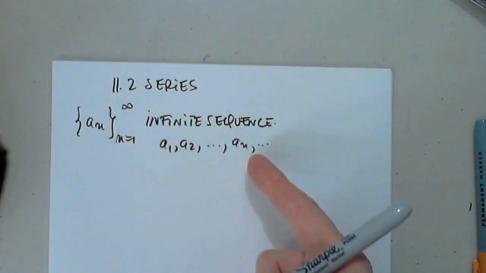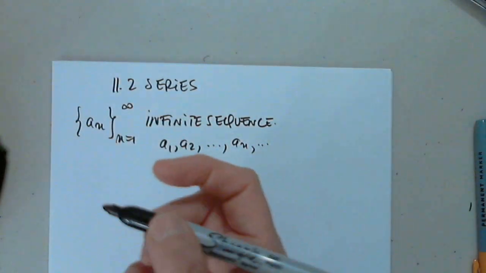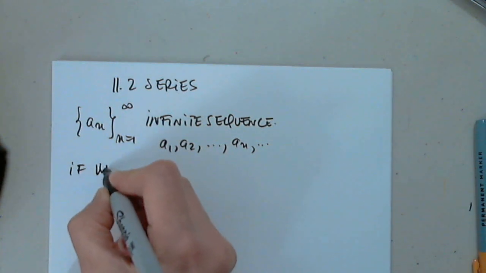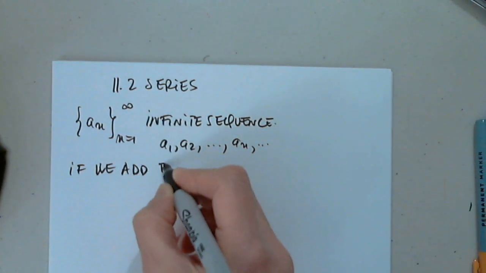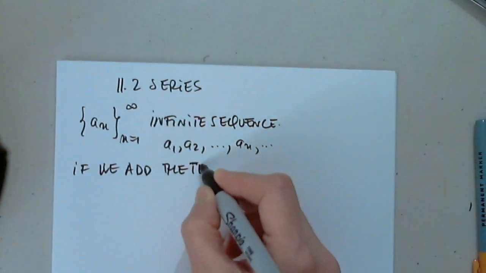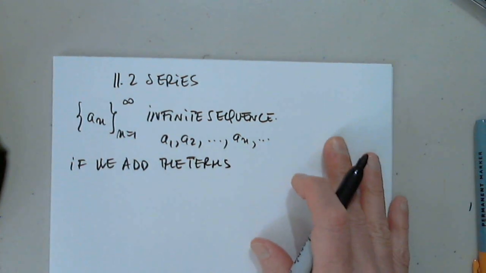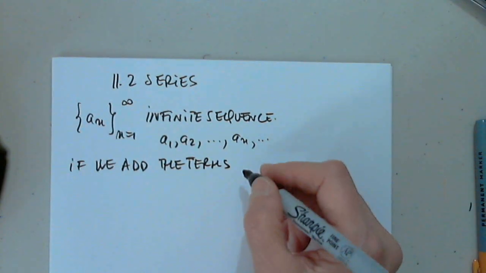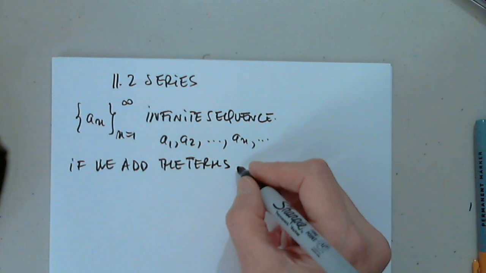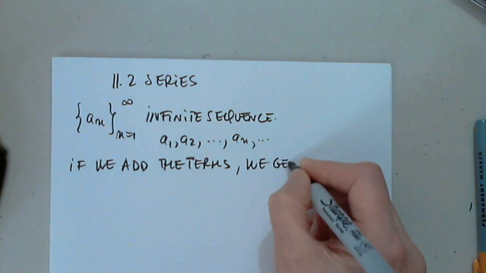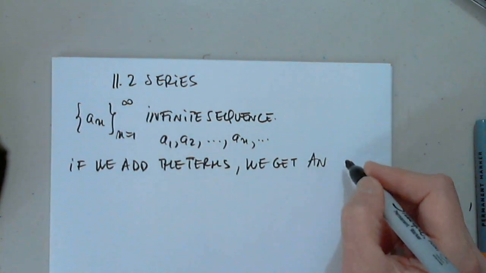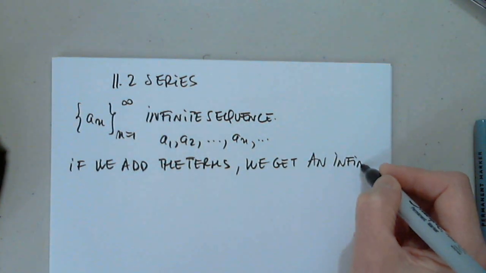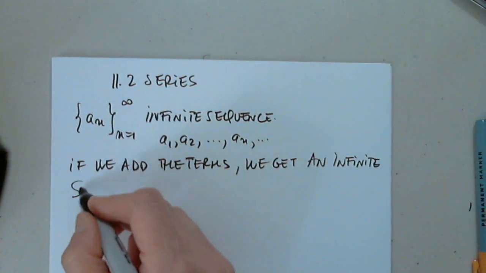Now, what happens if we add the terms of the sequence? If we add the terms of an infinite sequence, we get what is called an infinite series.